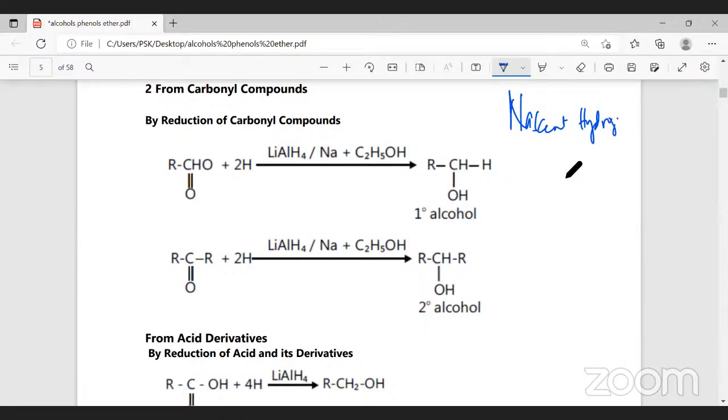Nascent hydrogen means hydrogen in atomic state. So any molecule which gives nascent hydrogen will be called a reducing agent. Lithium aluminum hydride is a very good reducing agent. Sodium borohydride is a good reducing agent. Likewise, sodium in ethanol is also a good reducing agent.